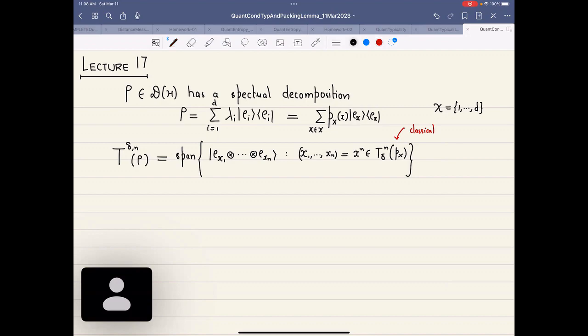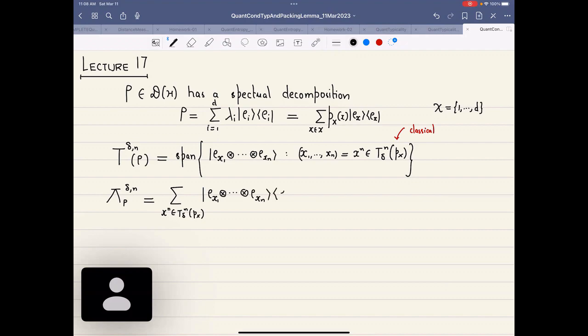And we define the typical projector, pi rho delta n, to be the following. Essentially, I'm projecting onto the above subspace. So this is going to be the summation of the rank one projectors corresponding to each of these.